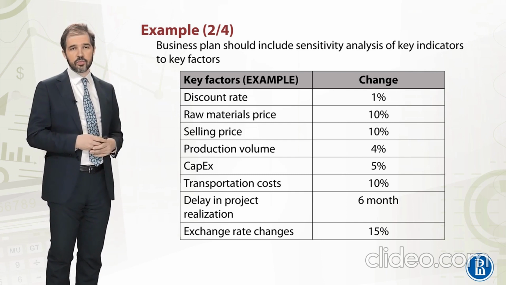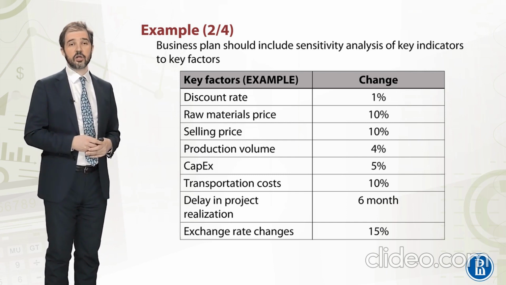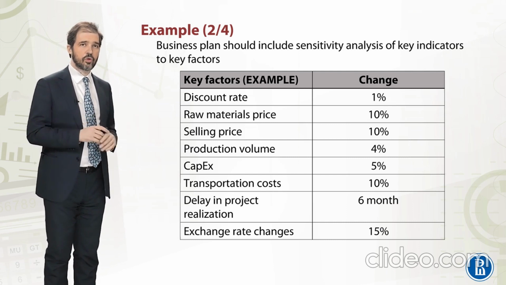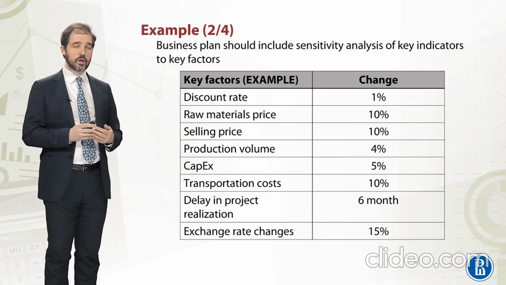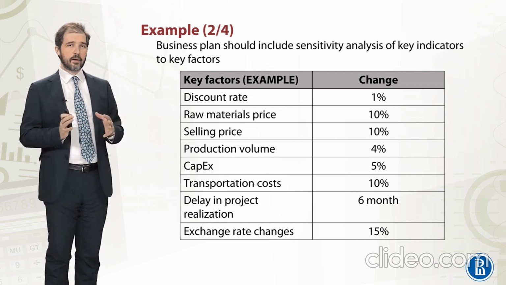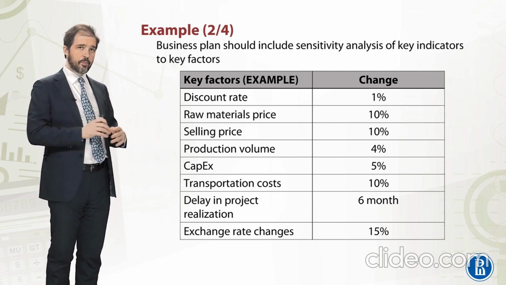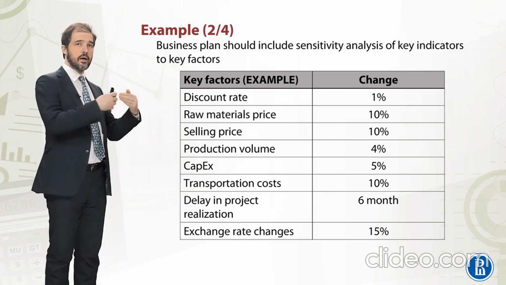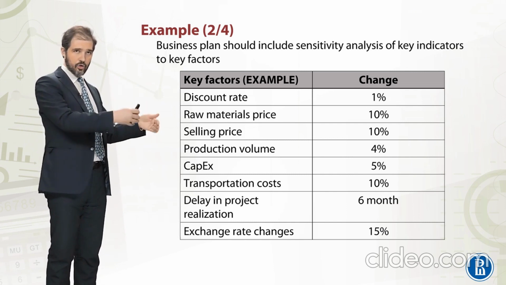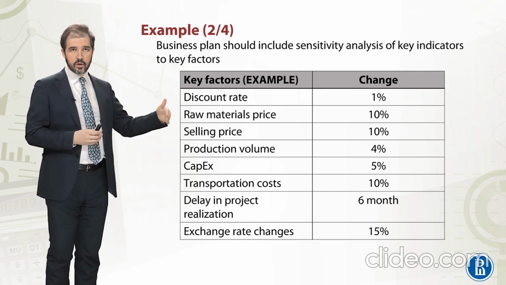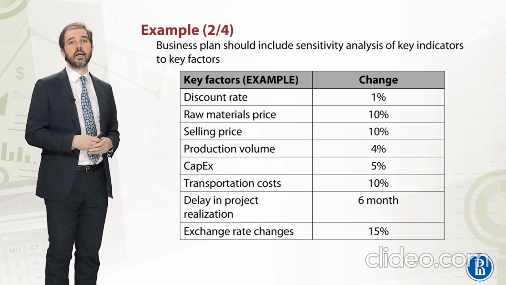We may assume delay in project realization. And by the way, these delays could be applied in the model by different approaches. So for example, you may delay all your cash flows proportionally. So you will start your project later and you will start your operational phase consistently later.